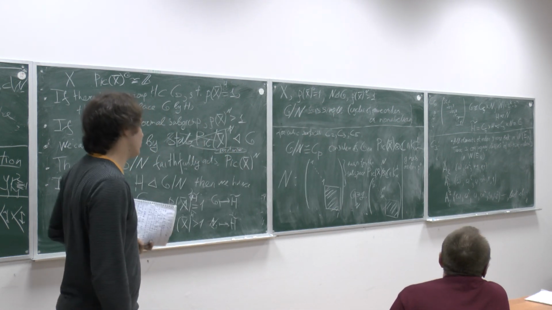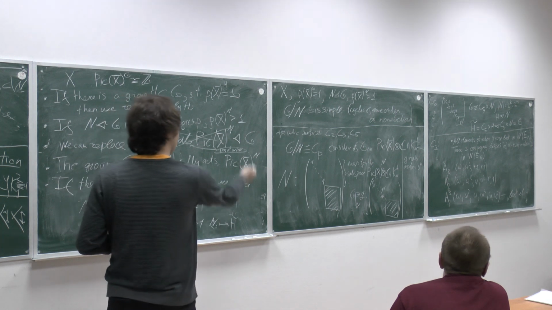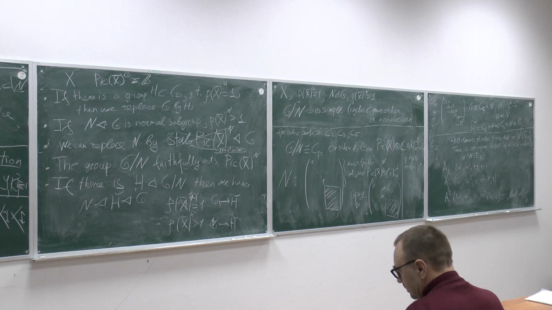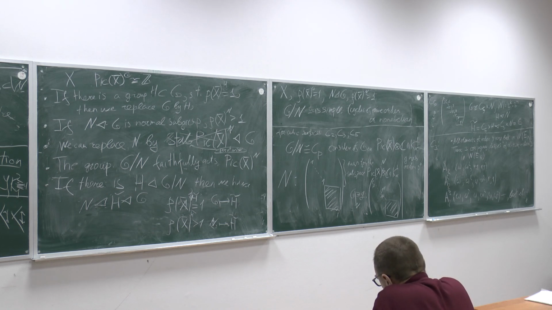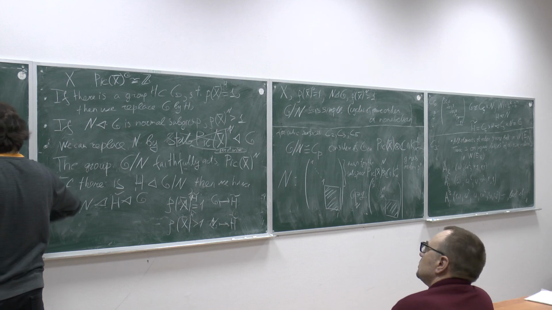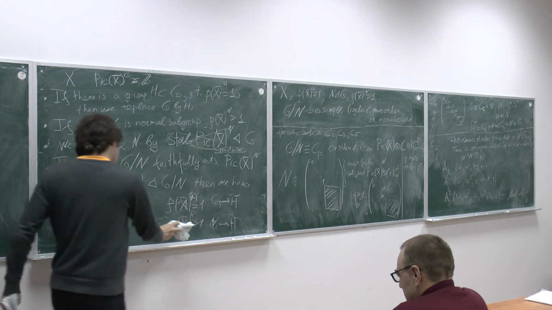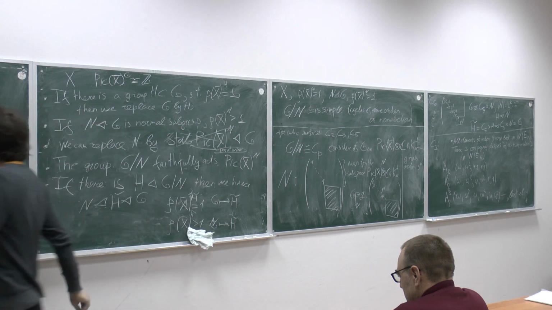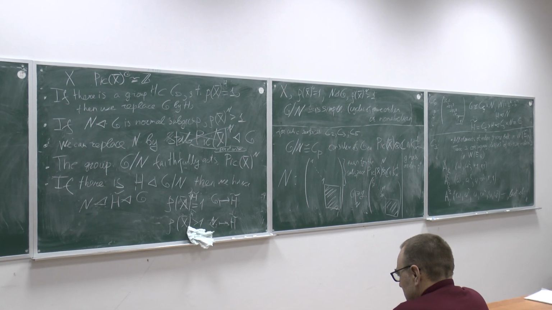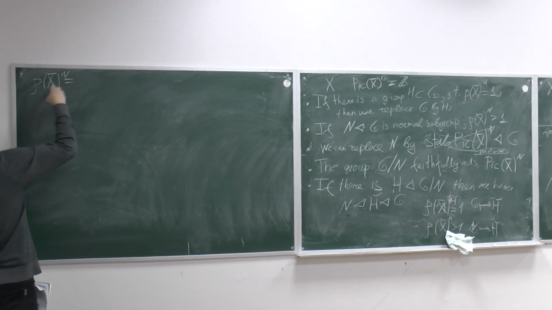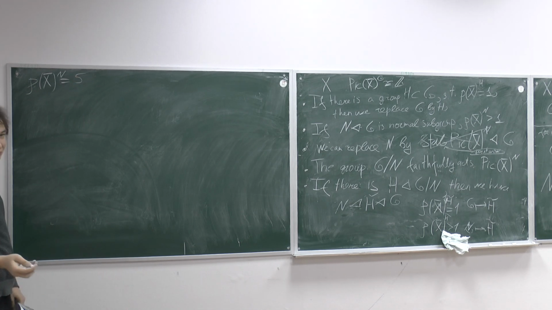Now we should consider two cases for the quotient of order 3. The first case is when the invariant Picard number is 5. What does this mean?